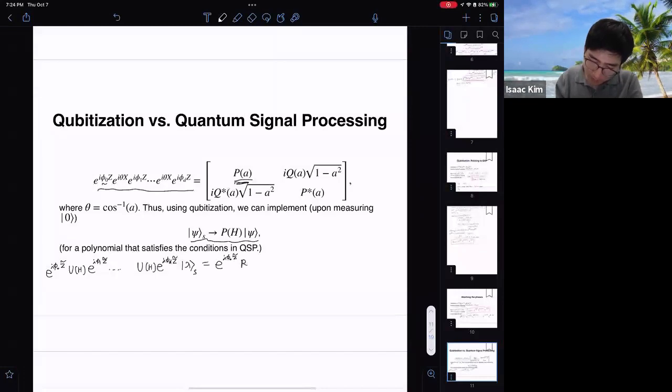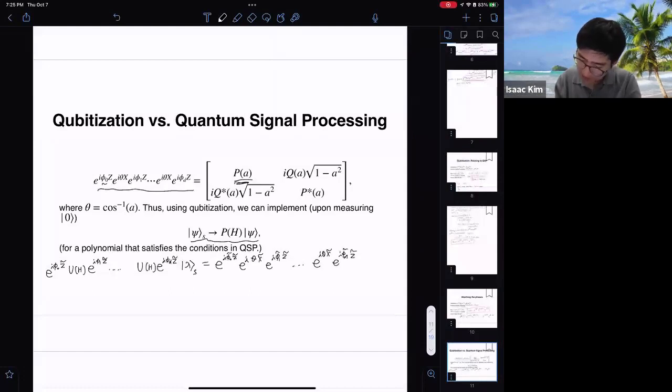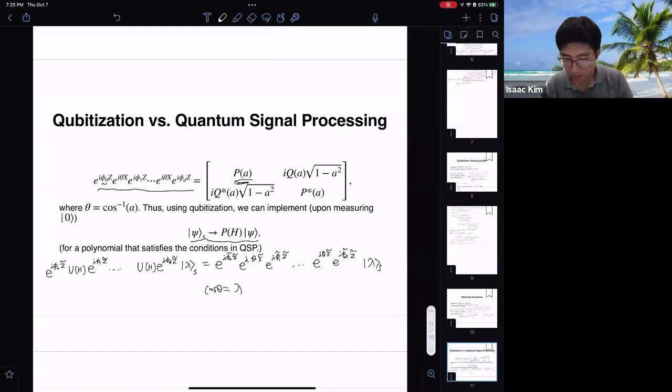Maybe let's just absorb everything into the new phases: e^{i theta x tilde} e^{i phi_1 tilde z tilde} ... e^{i theta x tilde} e^{i phi_d tilde z tilde}, lots of tildes, applied to lambda s, where cosine theta is equal to lambda.